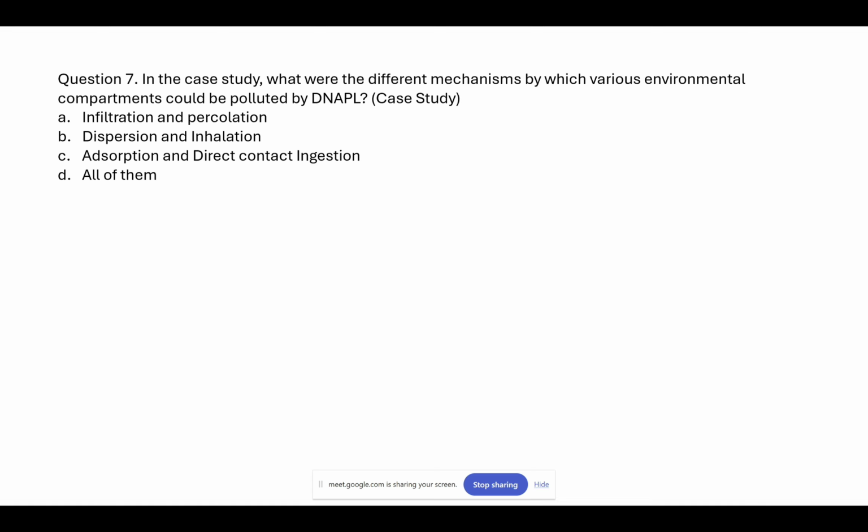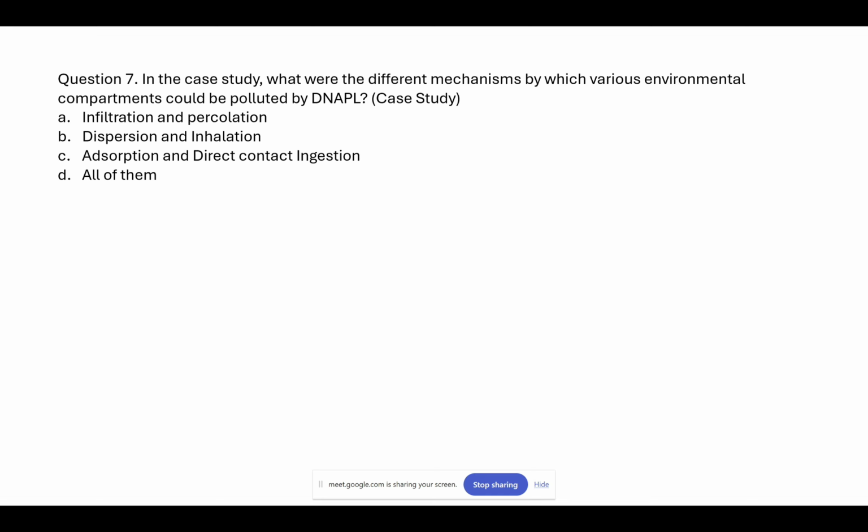So the question is, in the case study, what were the different mechanisms by which various environmental compartments could be polluted by DNAPL, that is dense non-aqueous phase liquid? First is infiltration and percolation. B is dispersion and inhalation.